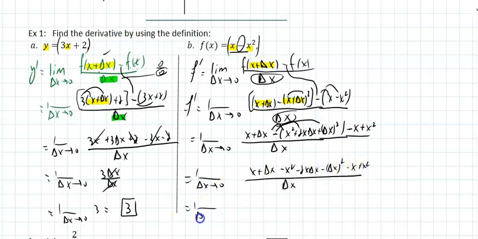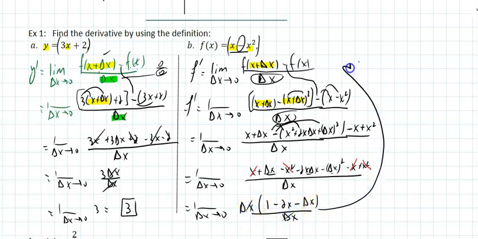Now I'll notice that there will be a few cancellations. X and negative x cancel out, x squared and negative x squared cancel out. And if you notice, all the remaining terms have a delta x involved, so you factor, and those cancel out.